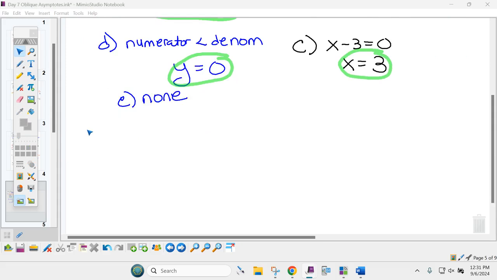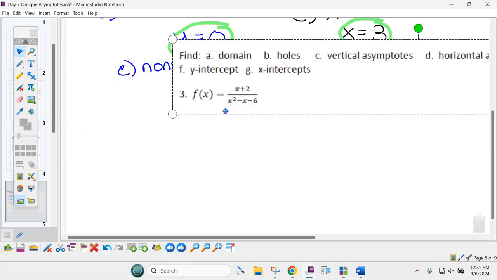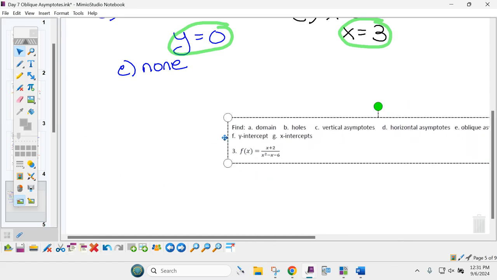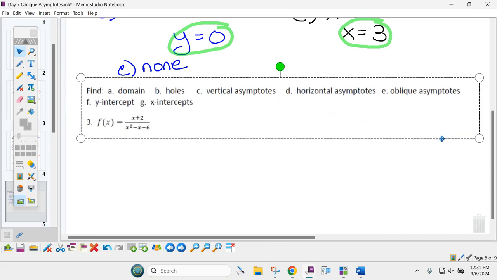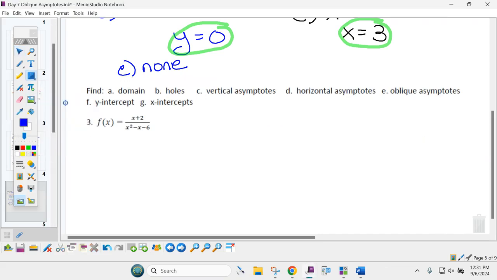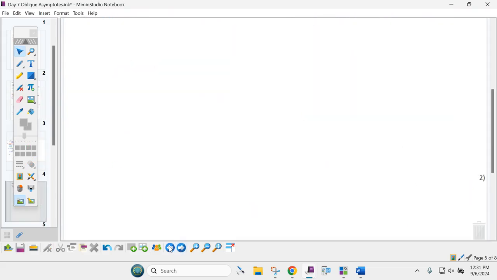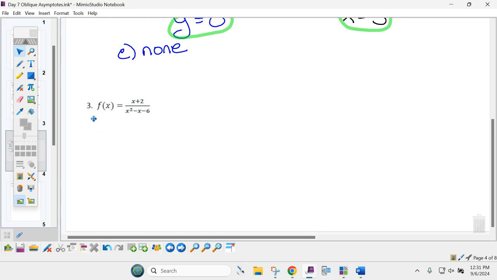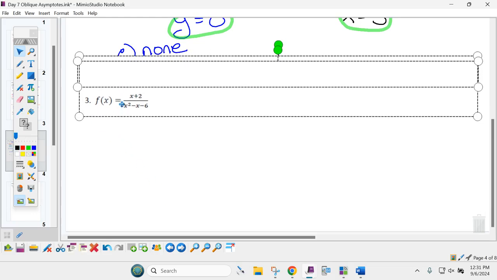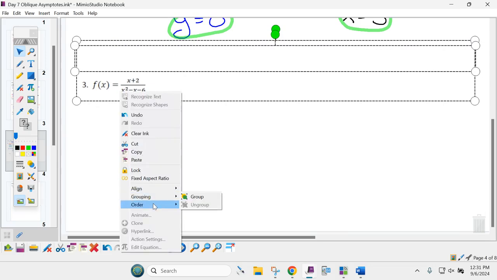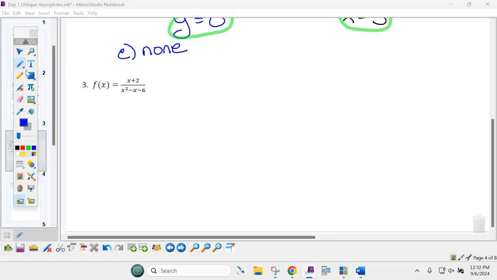Okay, now we need x and y intercepts. Let's do that down here. Same problem, now I can just see my equation. For x-intercepts, that is when the y-coordinate is 0. So for x-intercepts, that's when the entire equation equals 0.